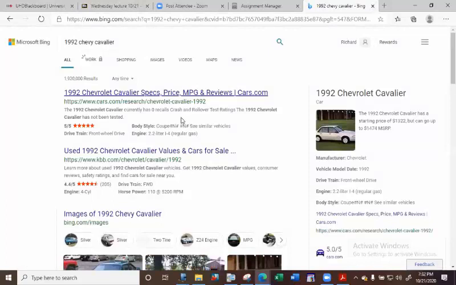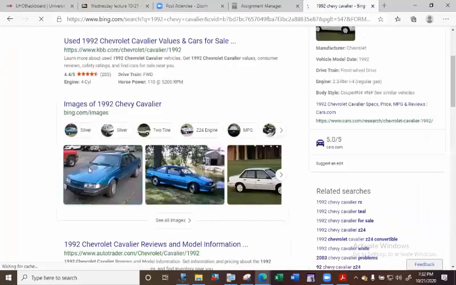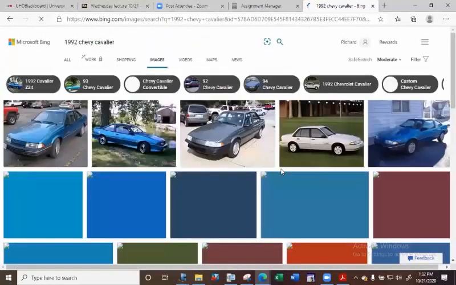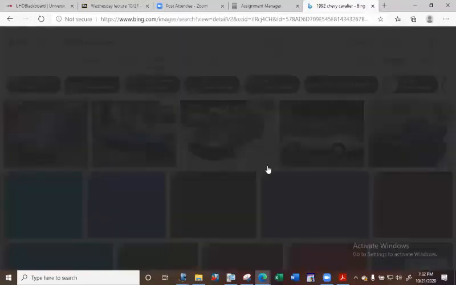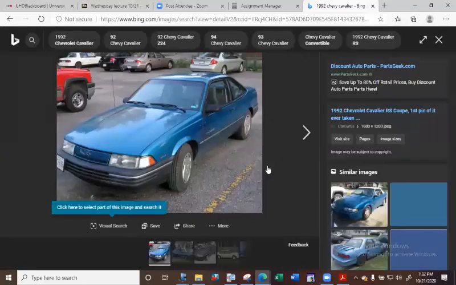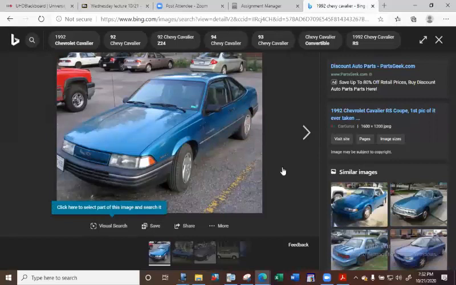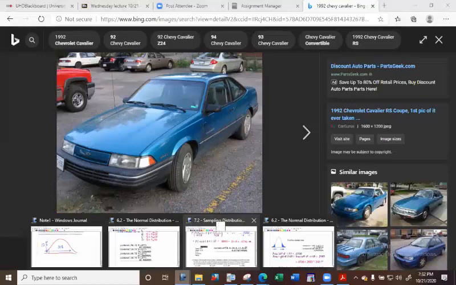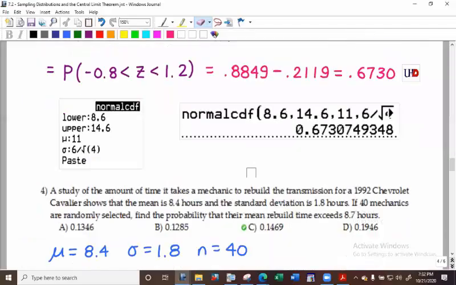They were functional little vehicles. There you go, Chevy Cavalier. I can't imagine anybody wanting to invest serious time in a rebuild. But anyway, I'm sorry. Back to business here. I should probably modernize that a little bit.